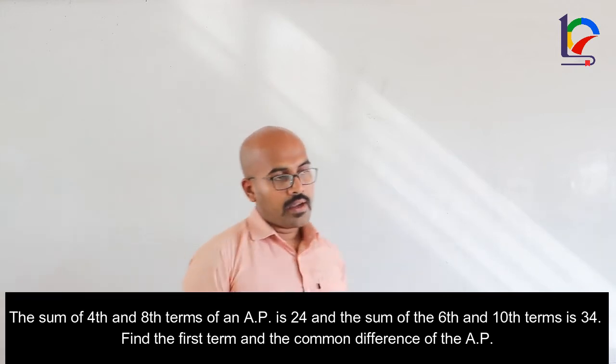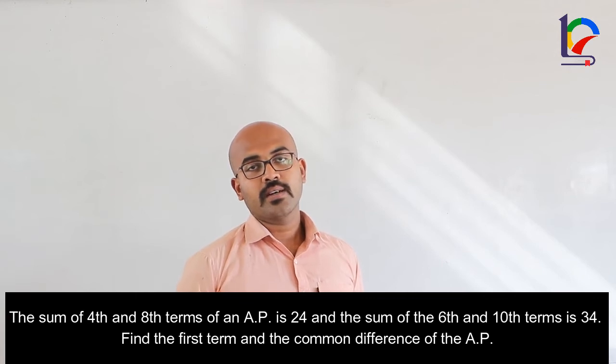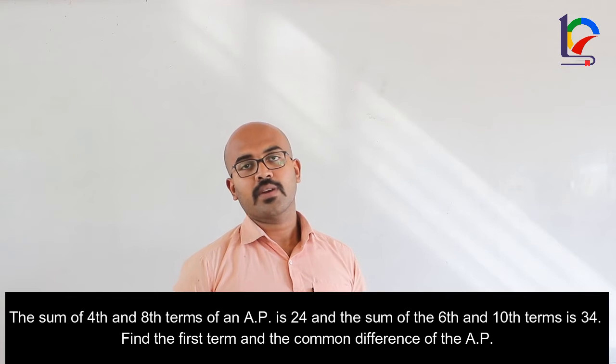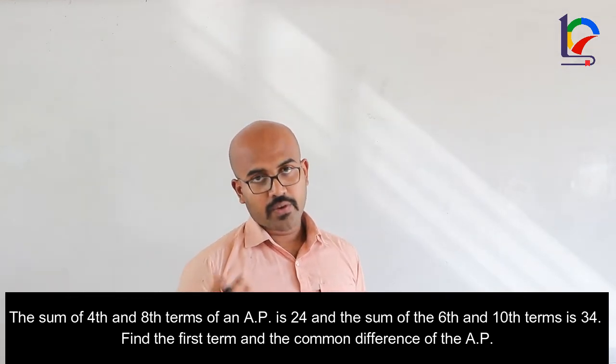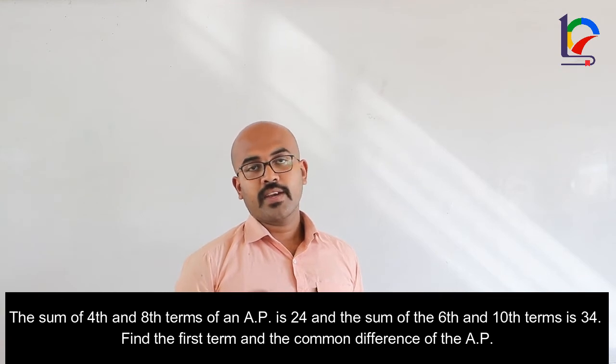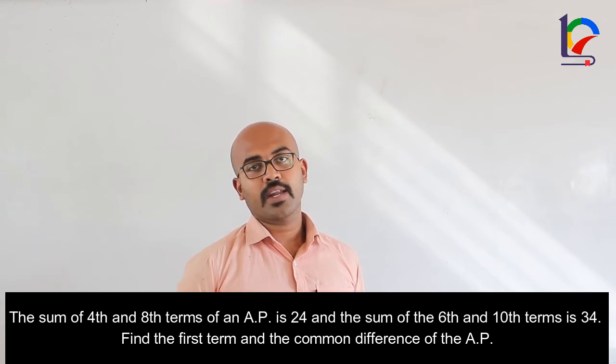Here there are two ways by which we can solve this. First, we can solve by taking the 4th term separately and the 8th term separately. We know that the sum of the 4th and 8th term is 24. Another way is to use the formula for the sum, Sn is equal to n by 2 into (2a plus (n minus 1) into d).